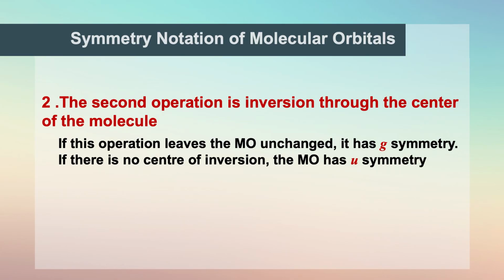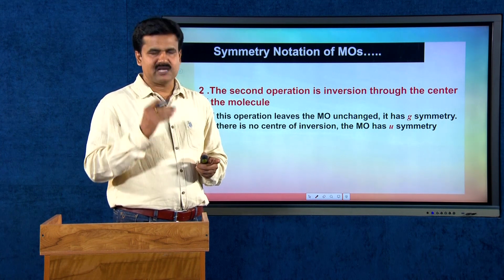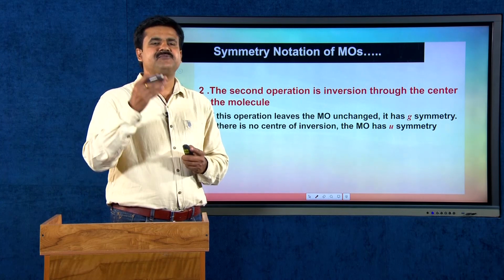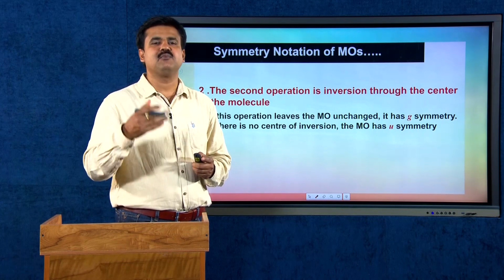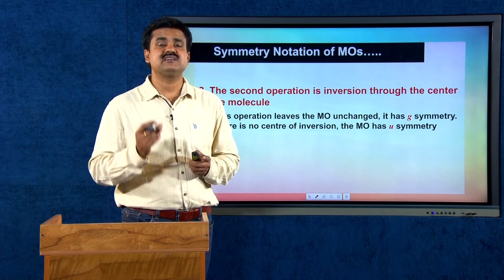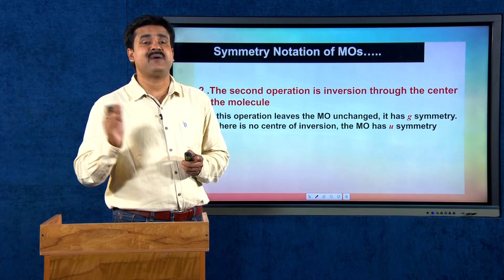Now, the second symmetry operation. The second symmetry operation is the inversion through the center of the molecule. That means we have to take a molecular orbital and perform inversion through the center. If inversion leaves the molecular orbital unchanged, then the molecular orbital belongs to g symmetry. g stands for gerade parity.